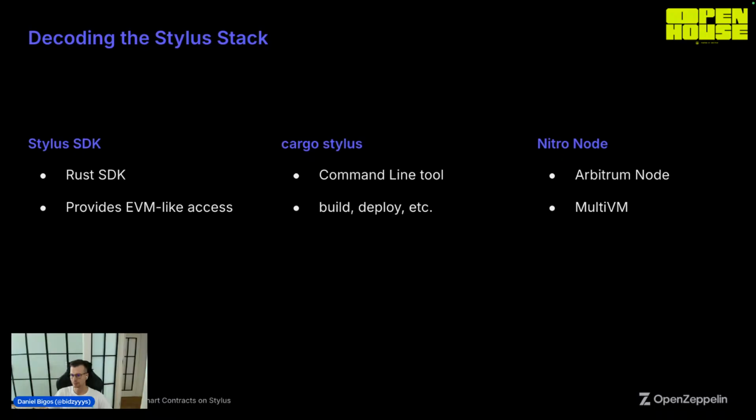The last but not least is the Nitro node. A Nitro node is an Arbitrum node that holds the multi-virtual machine. During this workshop, I will use, for example, the Nitro test node. Developers, of course, can use the Nitro dev node. And there are Nitro nodes that are used for Arbitrum chains, of course.